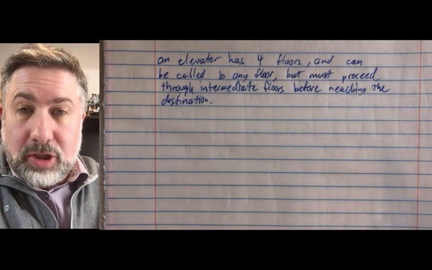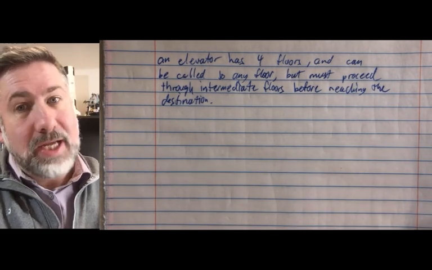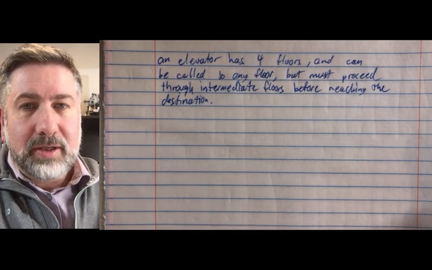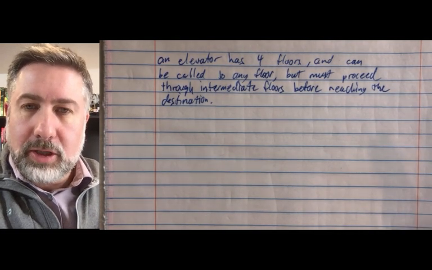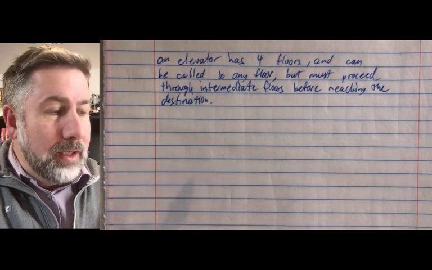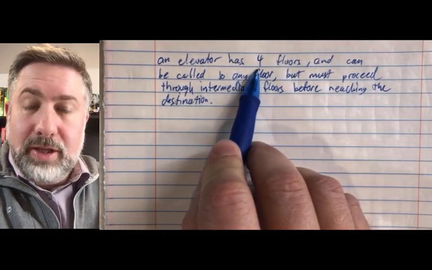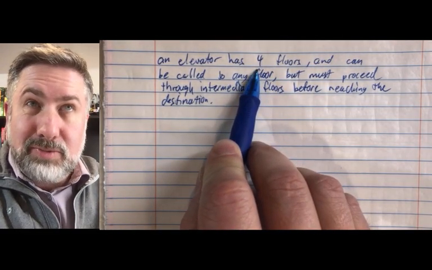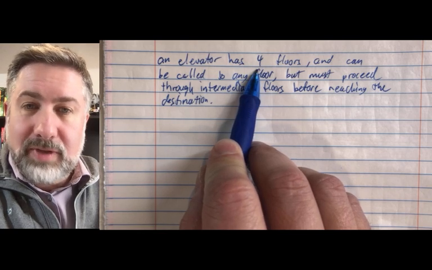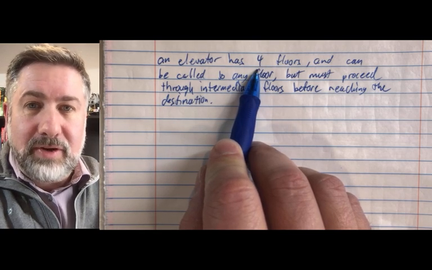So we start by saying, what are the states of this device and what inputs might be used to cause the state to change? Well, if there are 4 floors, then there are 4 possible states, which means we need the log base 2 of that for the number of state variables.